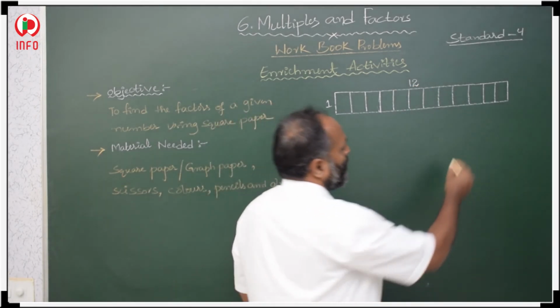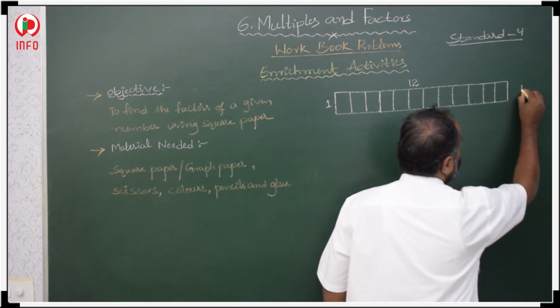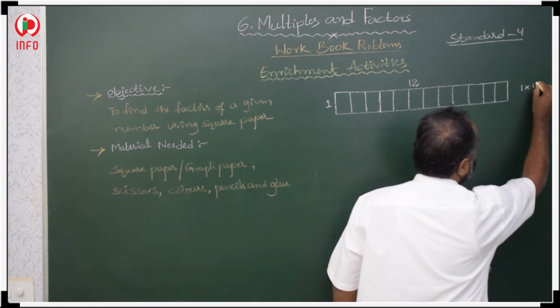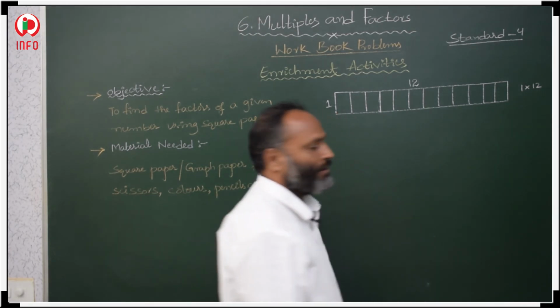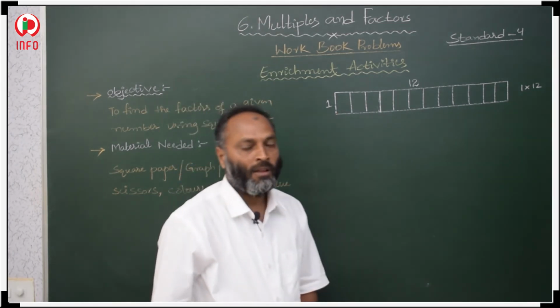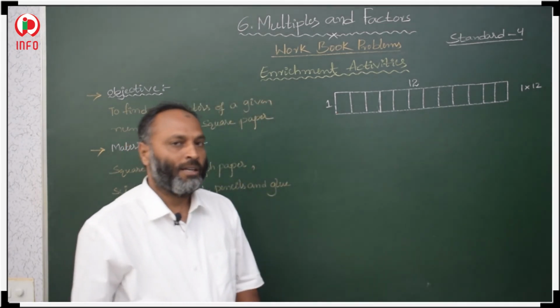How do we represent it? 1 12 is 12. Total 12 square grids were there.